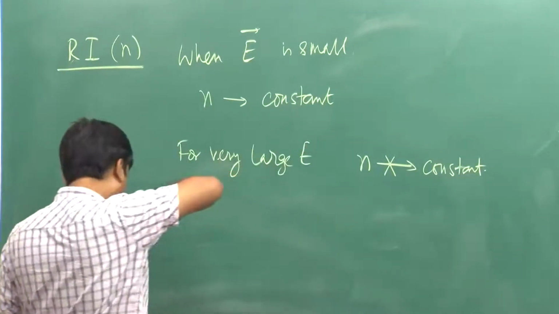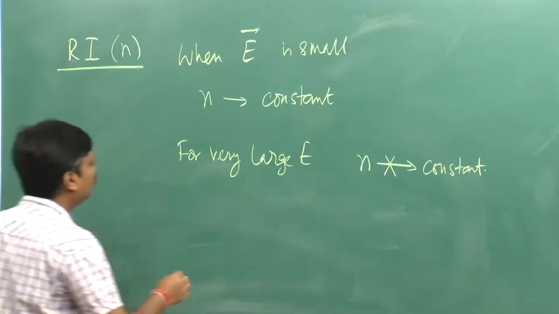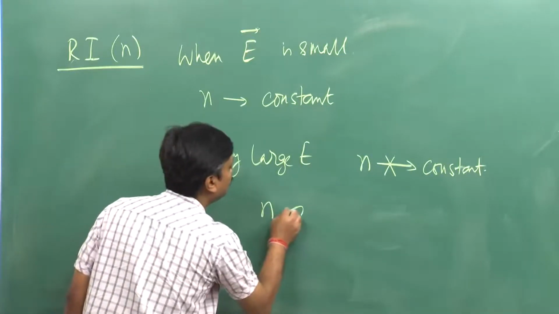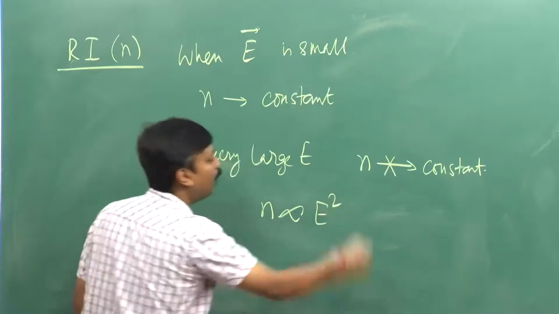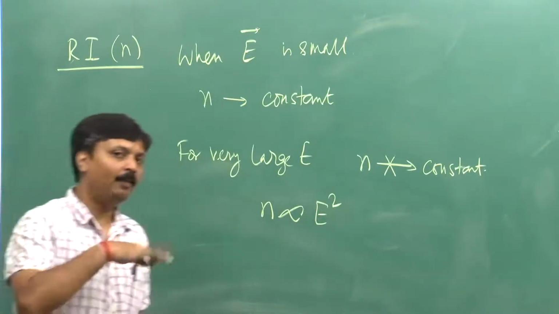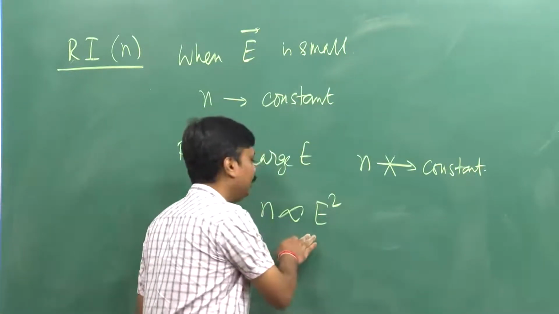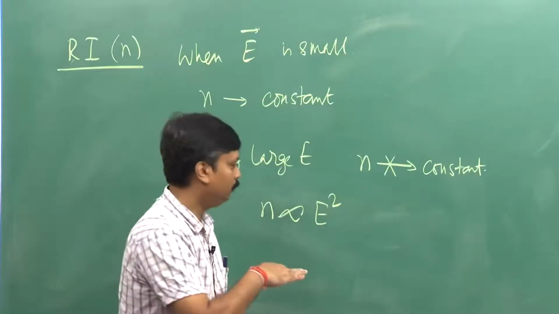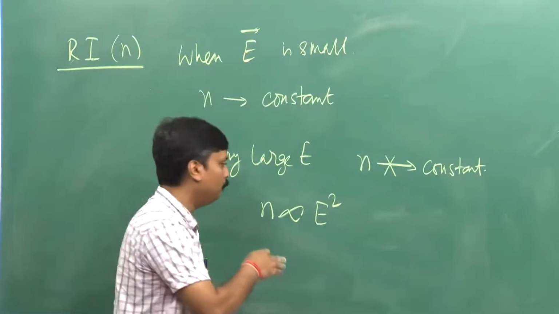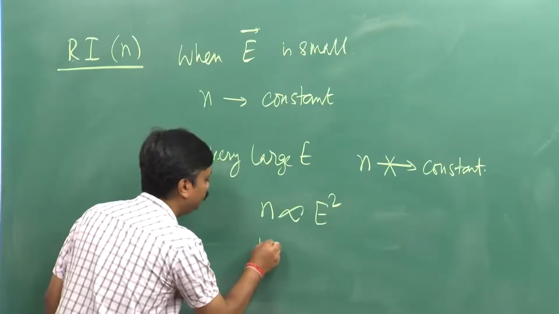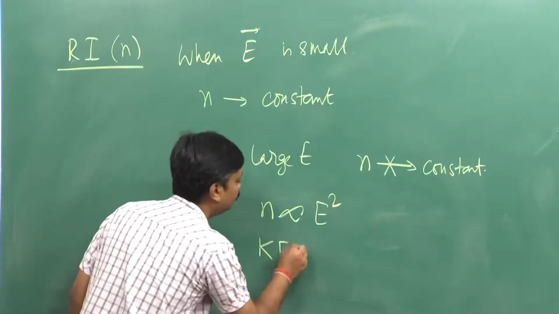In that case, n varies with the square of the electric field. You are familiar with this term because in one of the last lectures, when we were discussing Pockels cells, we mentioned this, and we said that this is known as the Kerr effect.